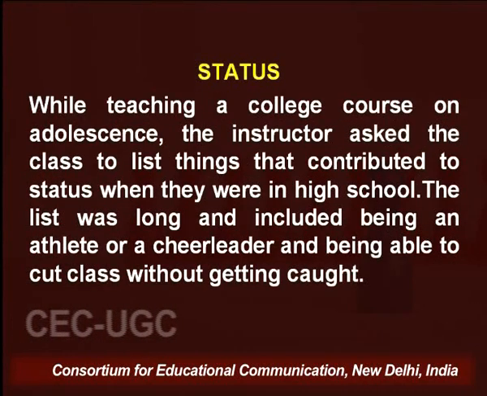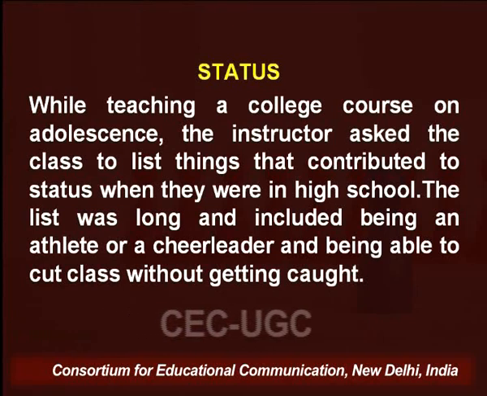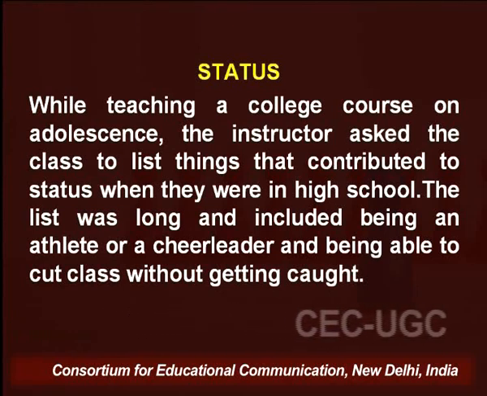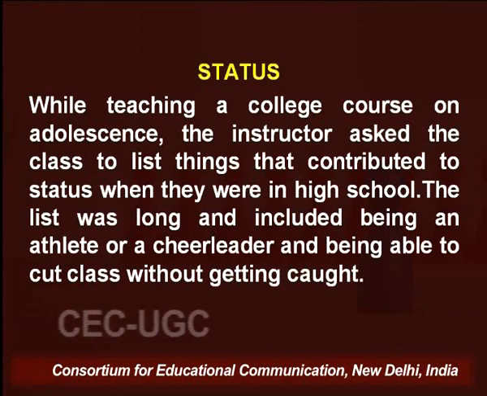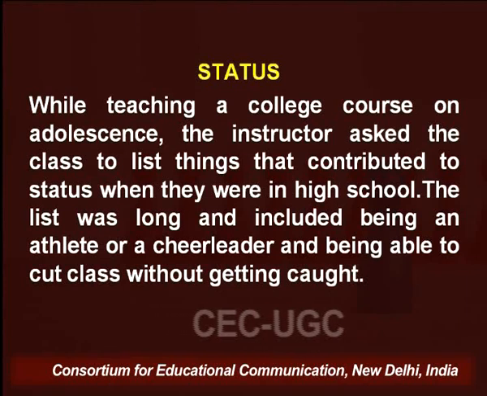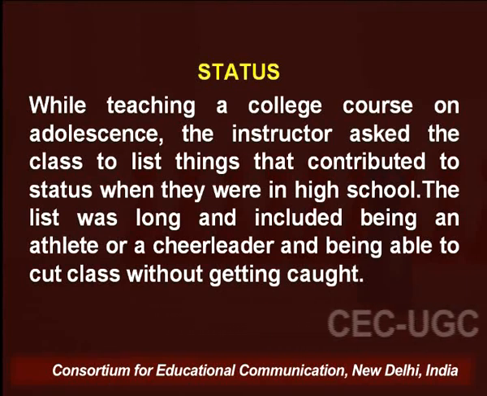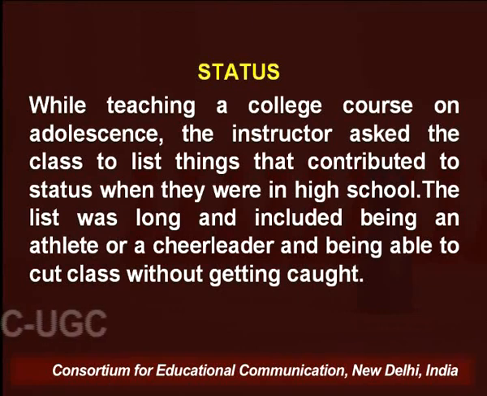The next important part as far as the social process is concerned is status. While teaching a college course on adolescence, the instructor asked the class to list the things that contributed to status when they were in high school.